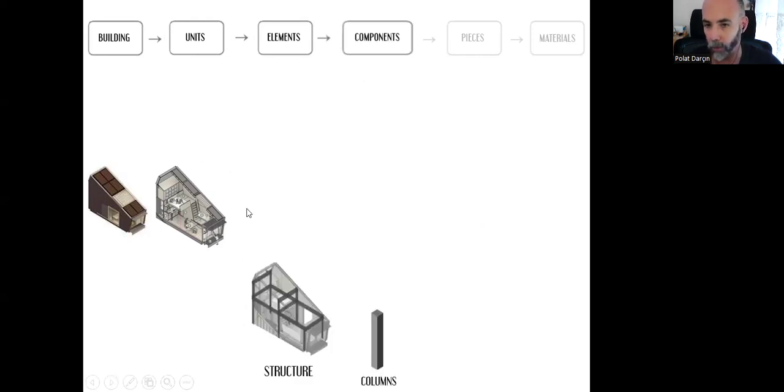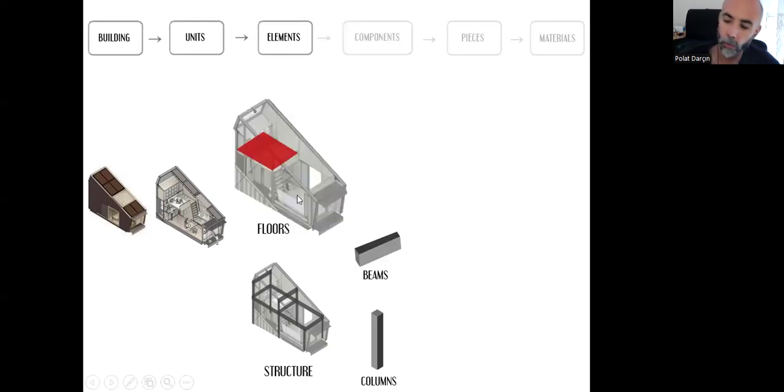And it will have components like columns, beams, horizontal components, vertical components, and it will be integrated with the floor systems mostly. Floor is one of our elements, and it will work for creating living areas for the user.